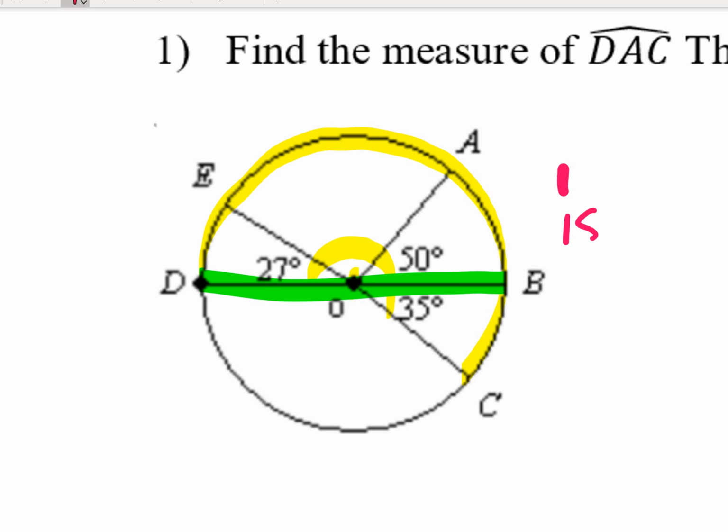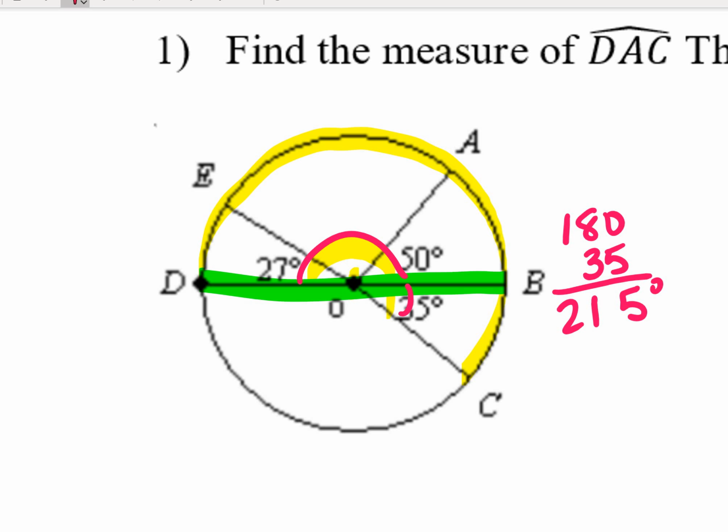I would have to add 180 for this part, and then another 35 for this part, and add that up, and I will have my arc measure. So let me get this cleaned up. And 215 degrees would be DAC.